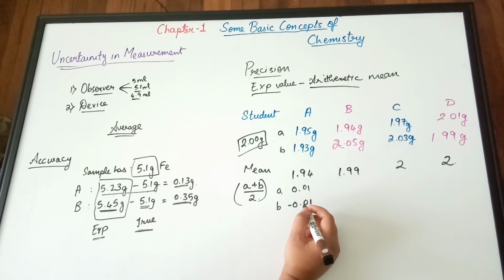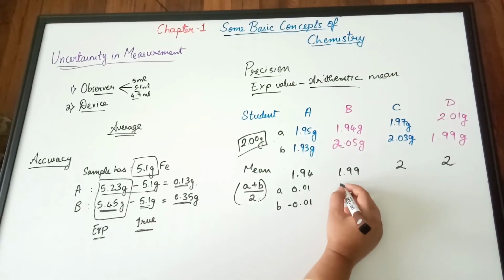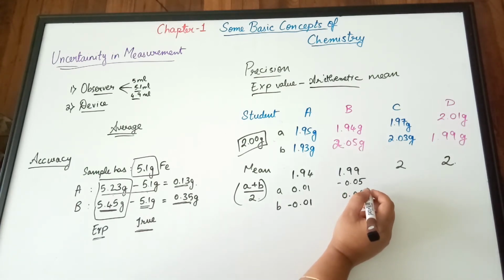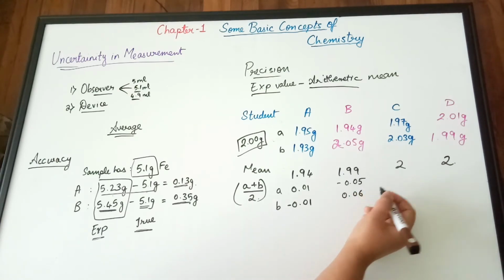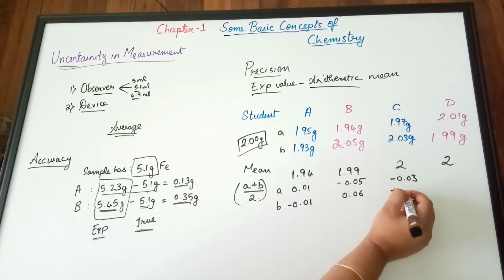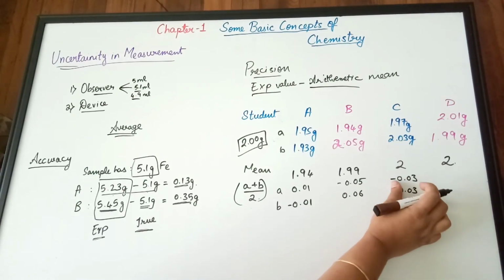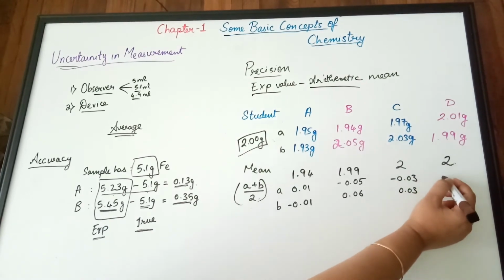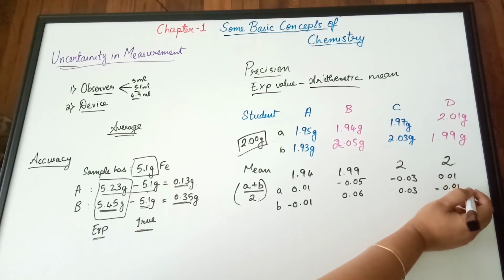Similarly for the next one, 1.94 gives us minus 0.05, and 2.05 gives us 0.06. 1.97 and 2.03 give us minus 0.03 and plus 0.03, and the last set gives us 0.01 and minus 0.01.